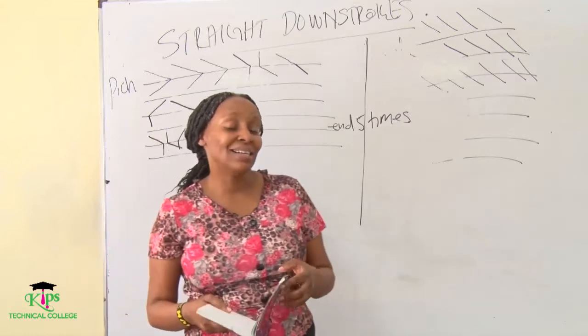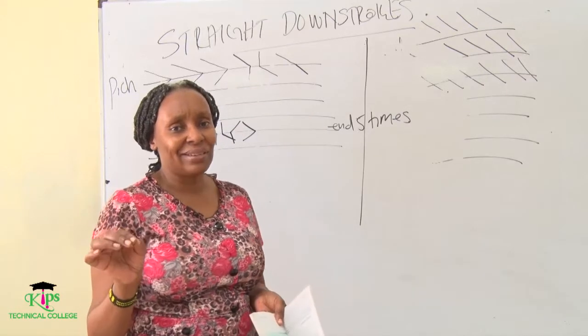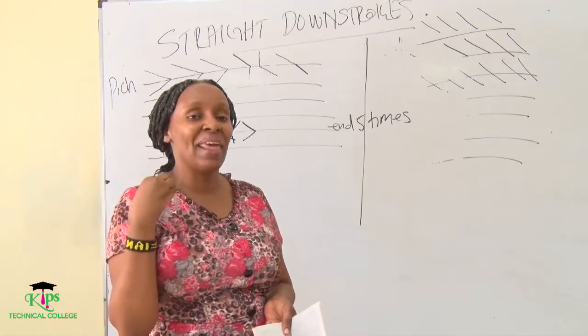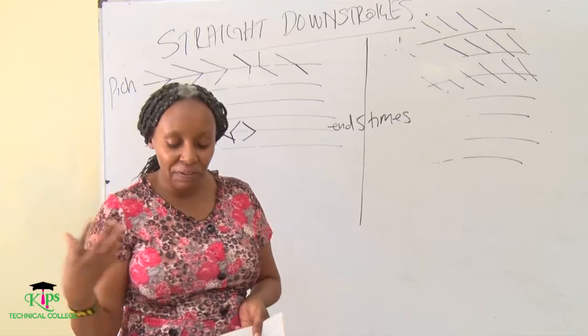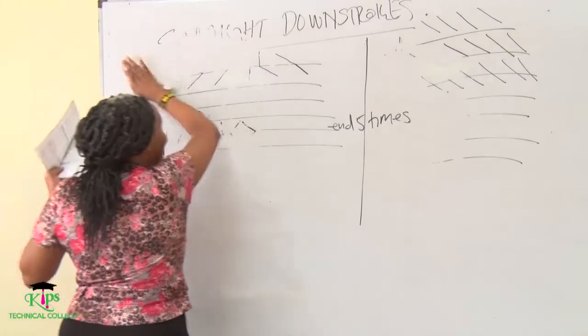But in shorthand, we said we had 12 vowels. Now these 12 vowels are determined by the different sounds that we get to hear.